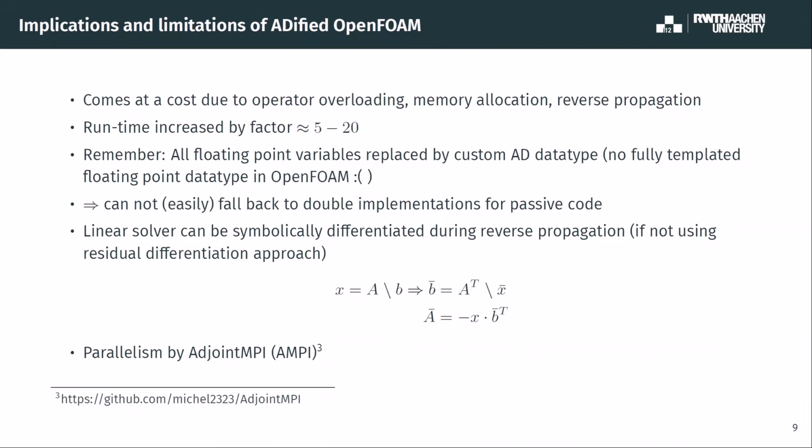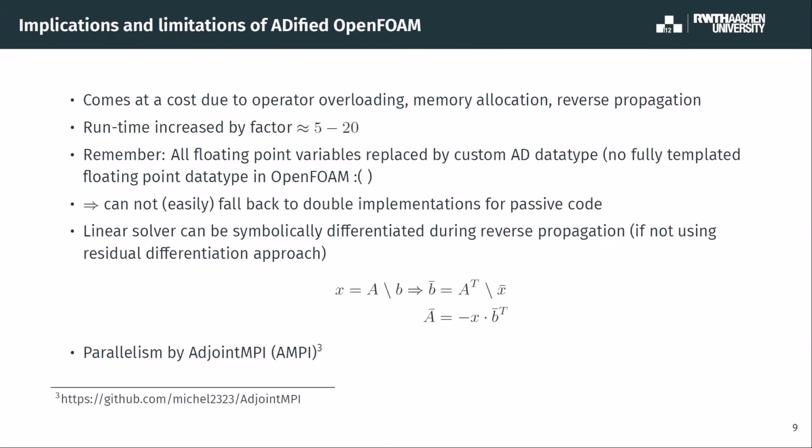And what we also do is that we differentiate through the linear solvers, which obviously you don't really want to do because you actually know what the derivatives are. They are written here. Oh, I forgot the citation. That's in a paper by Mike Giles. So what this tells you here in MATLAB notation is that if you know that X is the solution of a linear equation system A with right-hand side B, then the adjoints of B can be computed by solving another linear equation system, A transposed, with an adjoint vector X bar, which we get from our AD tool.